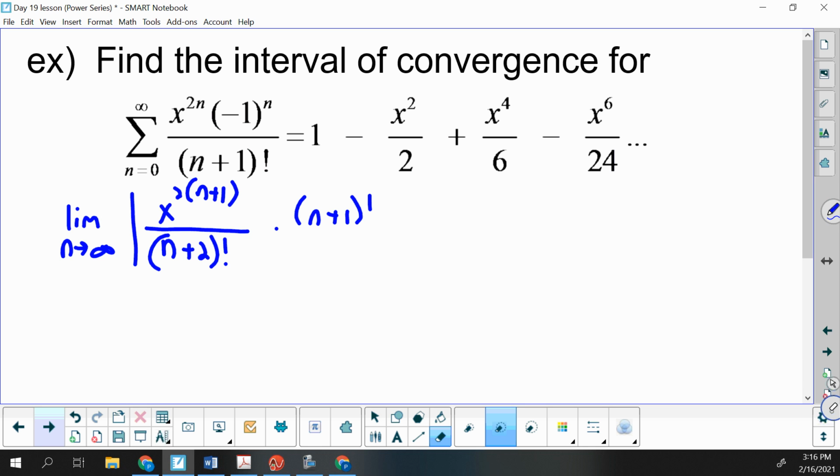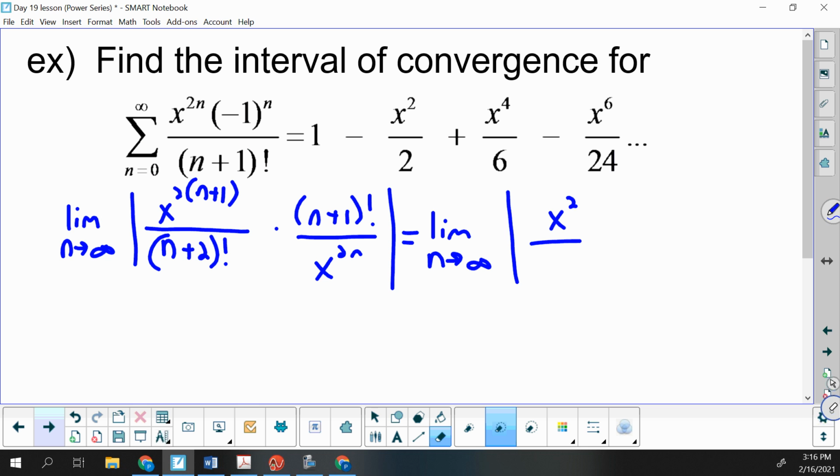So that'll be n plus 1 factorial over x to the 2n. So this is really x to the 2n plus 2. So that means there are 2 extra x's on top, so x squared. With our factorials, everything will divide out except for the n plus 2.